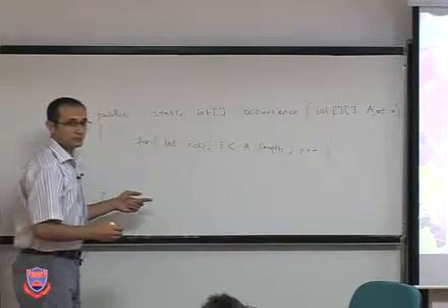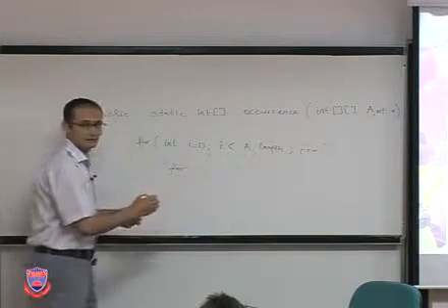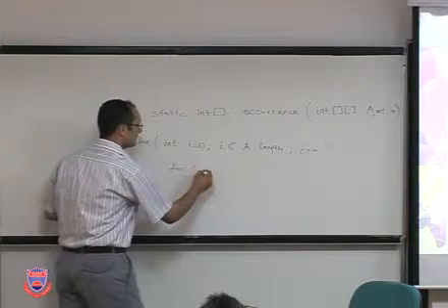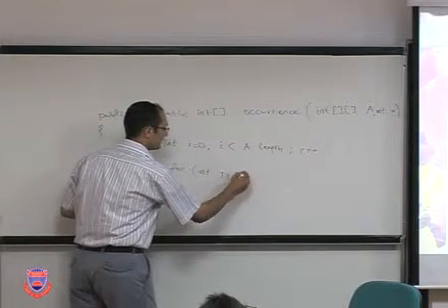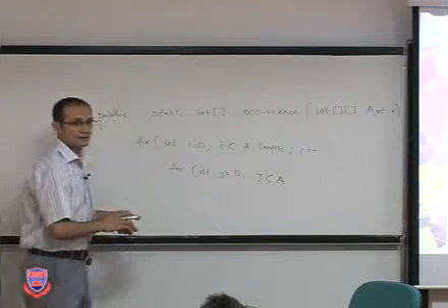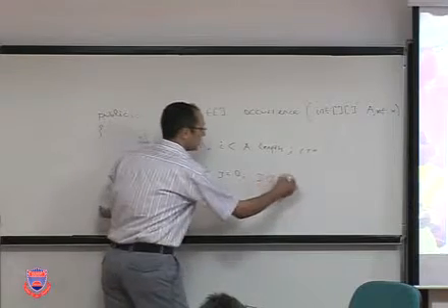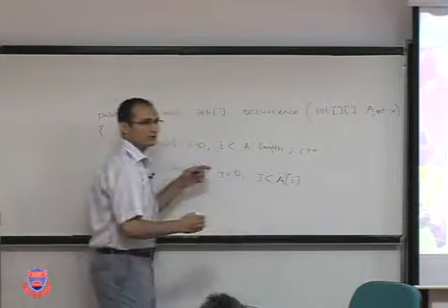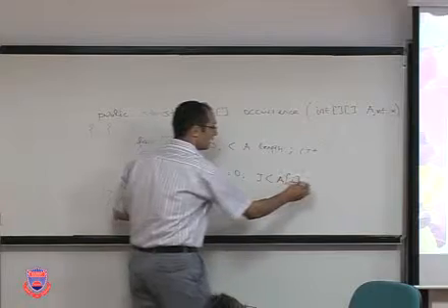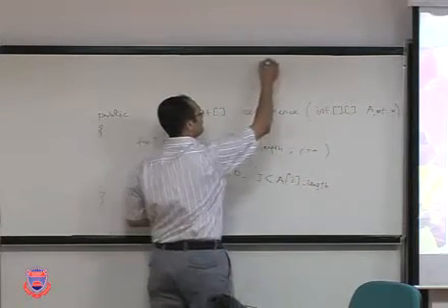And within this loop you're going to have another loop, for int j equals 0, and then j is less than what? A[i] dot length, to get the corresponding row's length, which matters if you have a ragged array.